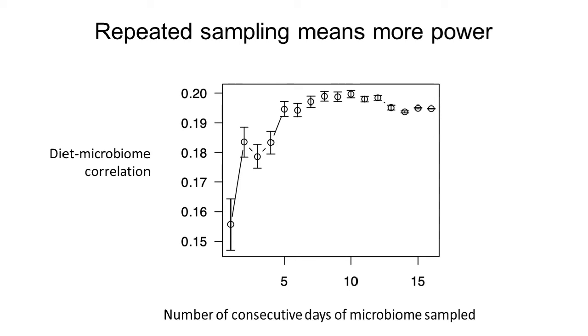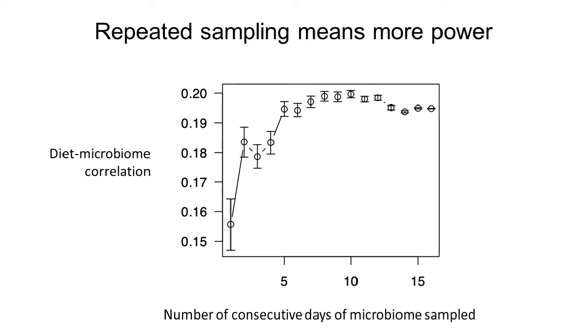So what I'm showing here is the diet microbiome correlation, or the percent of microbiome variation explained by diet, on the y-axis, and then how many consecutive days of microbiome I sampled. And this is the correlation of diet and microbiome between people.